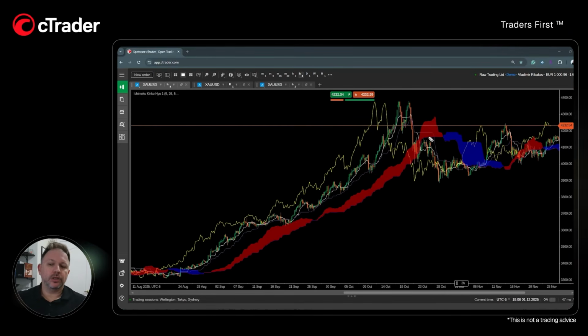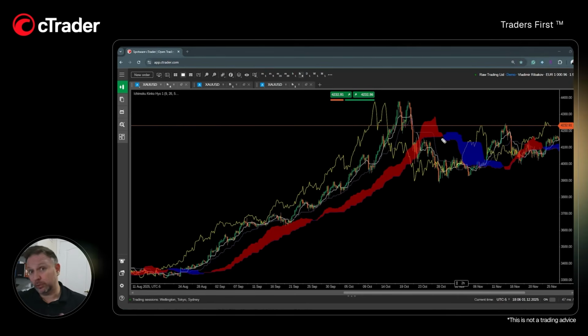Another usage of this indicator is as a dynamic support and resistance, the cloud itself, or the components that build the cloud. And as the market progresses further, you can see the yellow line. Once the yellow line goes below the price, something starts to happen, and a retrace actually could shift.